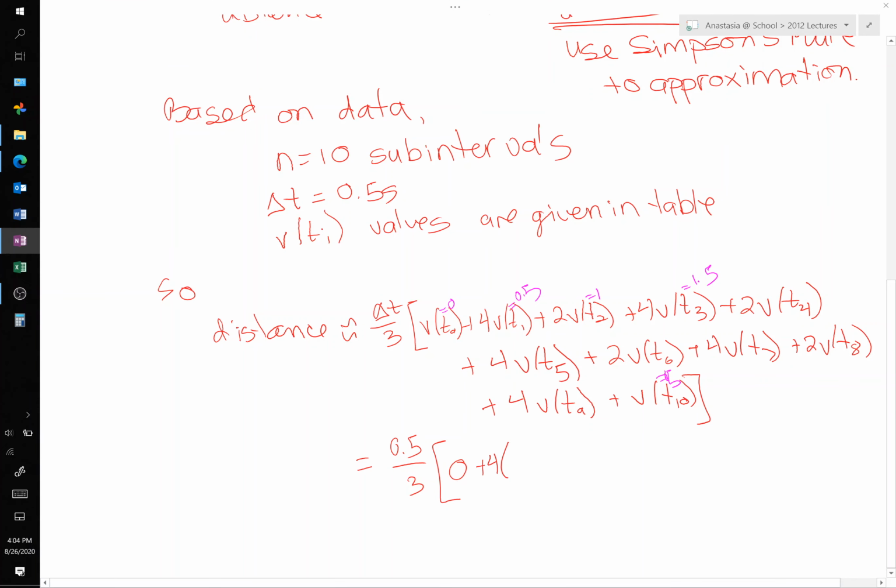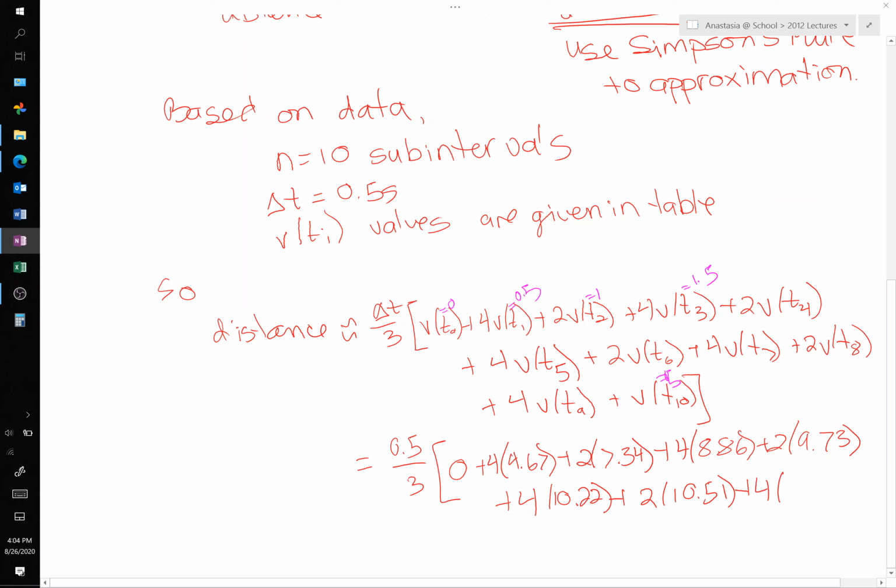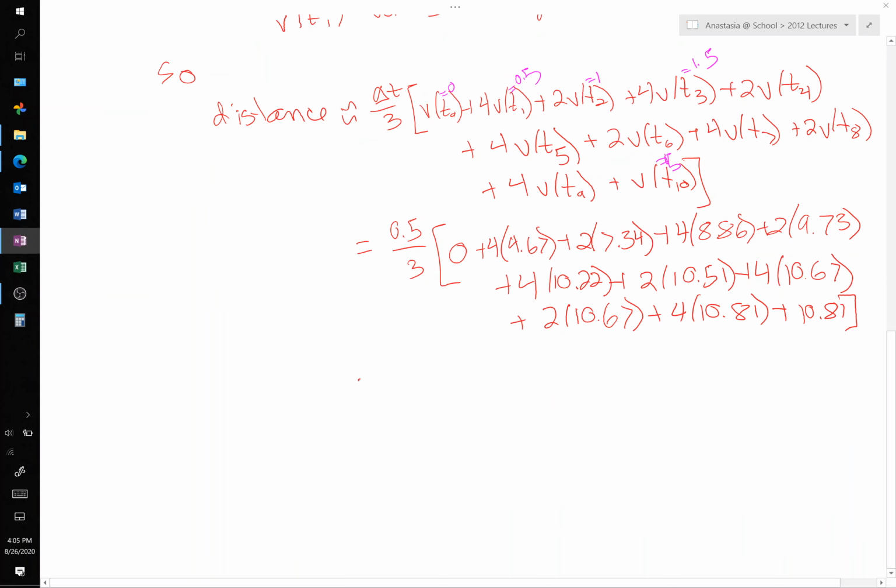Then we'll have plus 4 times our next velocity value, 4.67, plus 2 times 7.34 plus 4 times 8.86 plus 2 times 9.73 plus 4 times 10.22 plus 2 times 10.51 plus 4 times 10.67 plus 2 times 10.67 plus 4 times 10.81 and then plus 10.81.